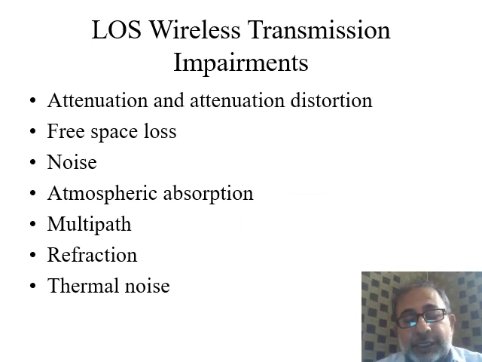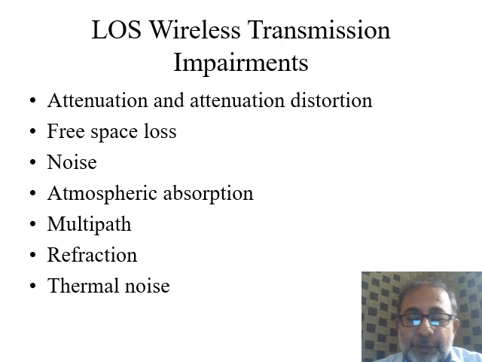Now, the line of sight wireless communication faces a lot of impairments also. First of all, the attenuation and the attenuation distortion. Attenuation means that as the signal moves along the atmosphere, it is attenuated. The power it contains reduces with the distance.